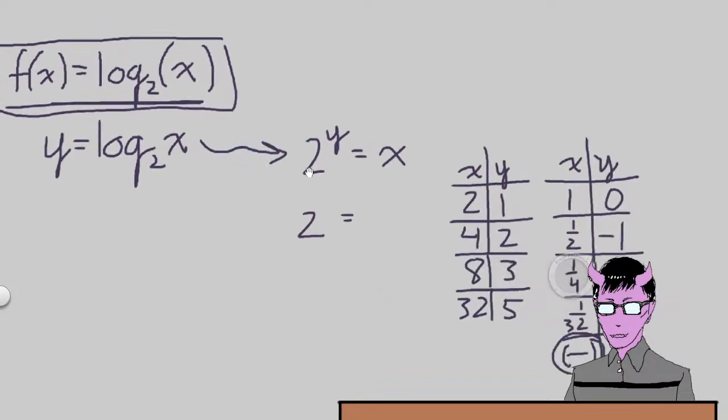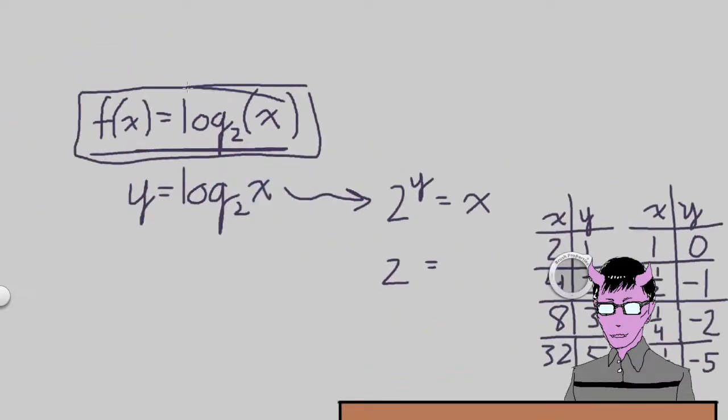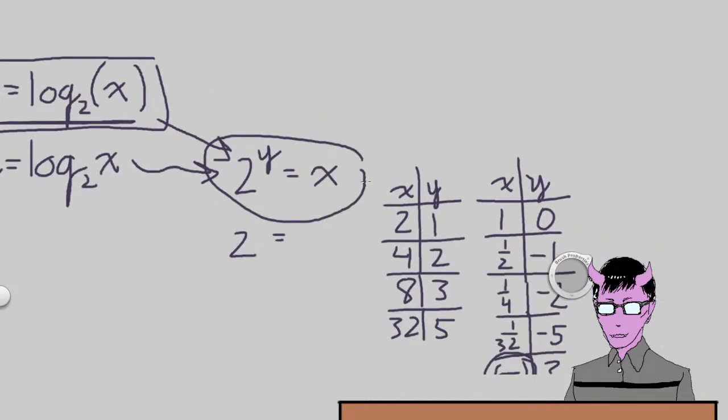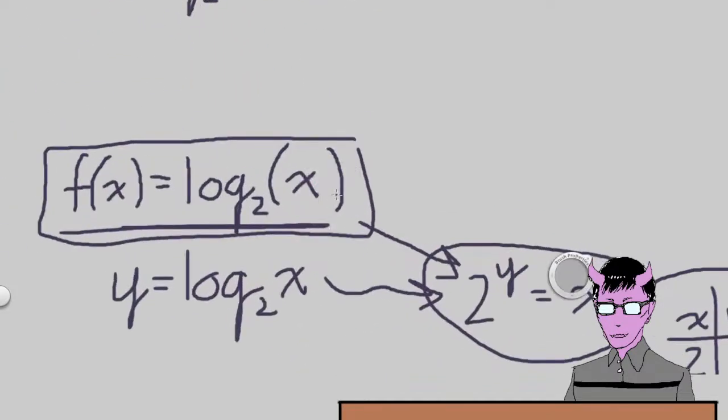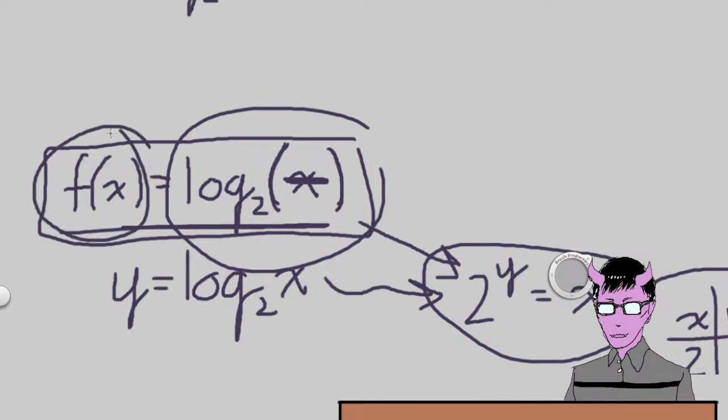So in summary, we're working with this parental function. We transformed it into this form just to make the math a little easier to pay attention to. We looked at the data table. It seems impossible to get a negative for the x value. Or if you flip that idea around, it's impossible to put a negative value into there. So if you put in a negative value, this is not going to evaluate into anything.